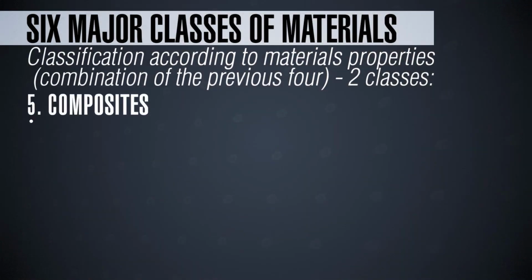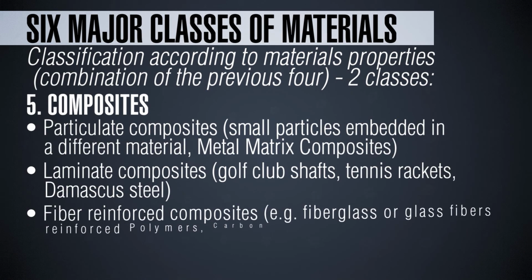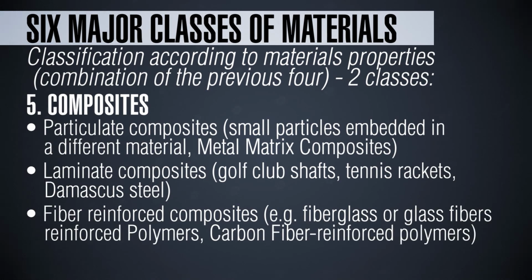Then we go to the most advanced classes of materials, the composites. So composites are normally realized by mixing together, joining together two different materials of the previous classes we have seen. So for example, you may think of adding to a plastic material a metal. In which way?